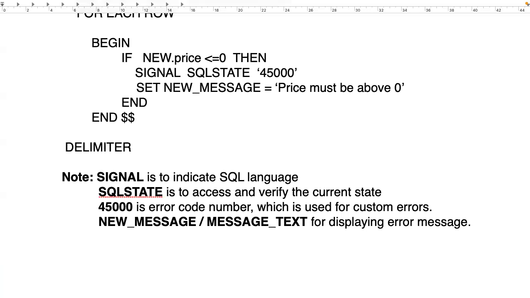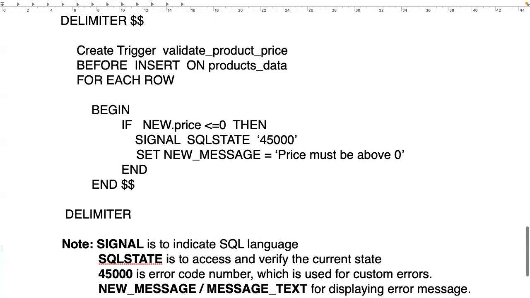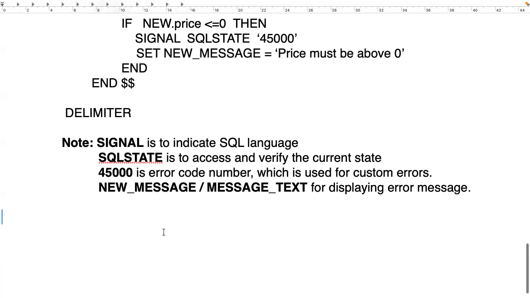So what happens when they are trying to insert any price which is less than 0, a negative value or something? Then obviously it will immediately show some error. Similarly, you can write another for update also. I will just give a query, you try that.